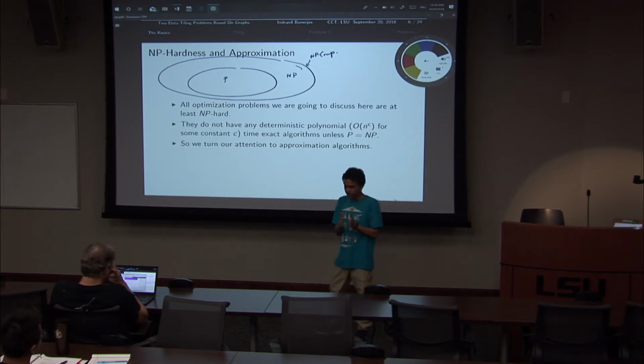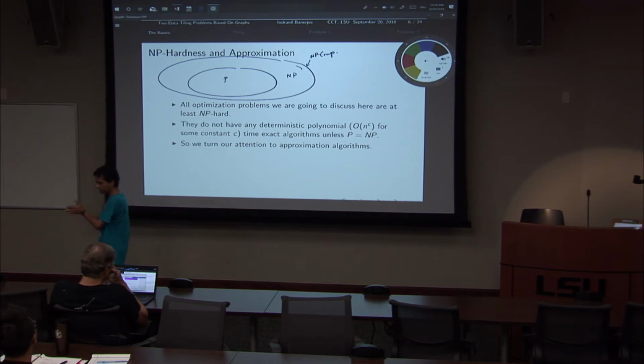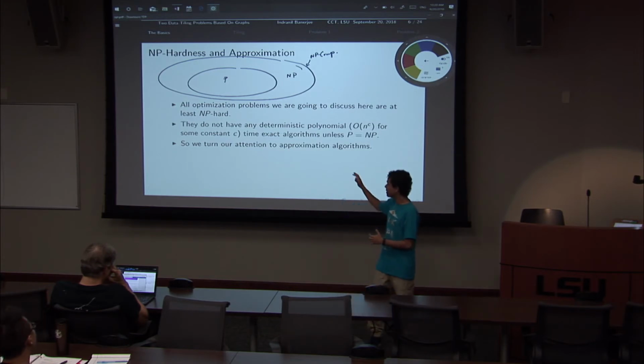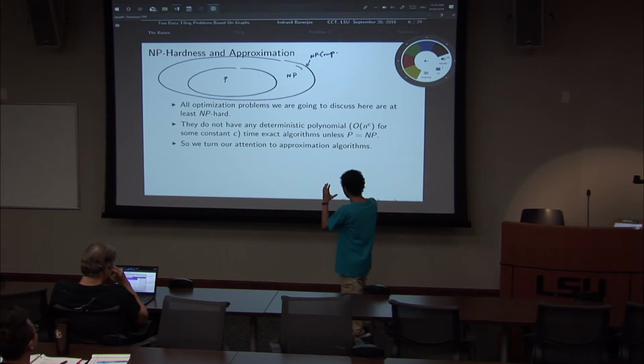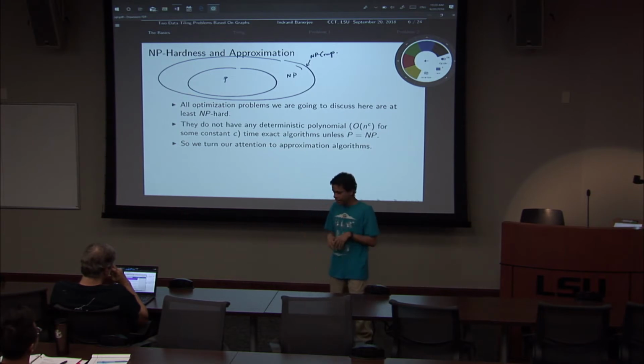So if you give the same input, it will always result in the same sequence of execution and it will give you the same output. No randomness. If you add randomness, it becomes more complicated.